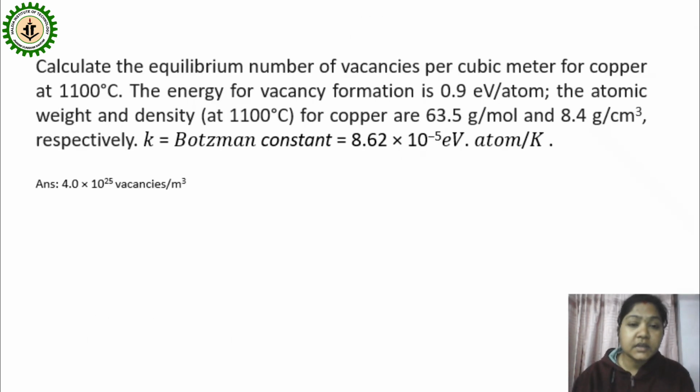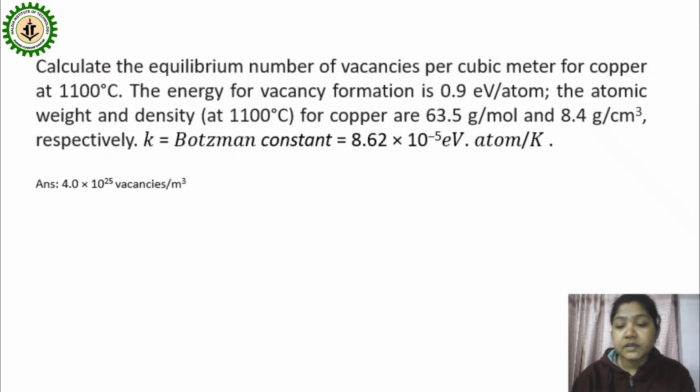So one numerical is given to you: calculate the equilibrium number of vacancies per cubic meter for copper at 1100 degrees centigrade. The energy for vacancy formation is 0.9 electron volt per atom, and the atomic weight and density of copper are 63.5 gram per mole and 8.4 gram per centimeter cube.